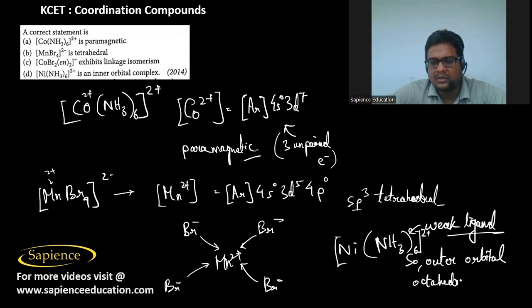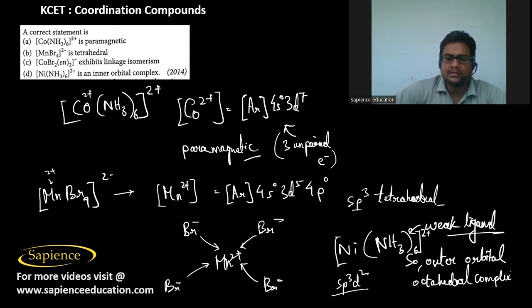So it will have sp3d2 hybridization and not d2sp3 hybridization. If a strong ligand is there, then we will have d2sp3 hybridization and it will be an inner orbital complex. But here it is an outer orbital complex. So C and D are wrong statements, but A and B are correct statements. So A and B both are correct options.